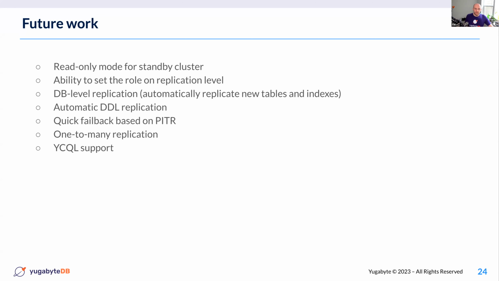We have an idea of implementing a mechanism based on PITR. Instead of doing that, you would restore your formerly active cluster to the same point in time using PITR, so that is just for a quicker failback process.